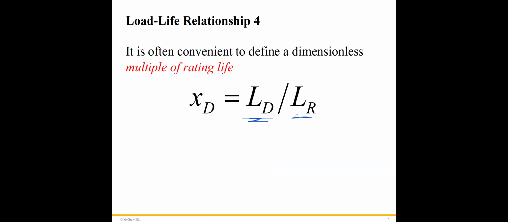Then we can make this rating life a dimensionless parameter, XD. I'm going to introduce how to use this XD later. We will widely use XD to evaluate the reliability of the bearing by using the Weibull distribution.